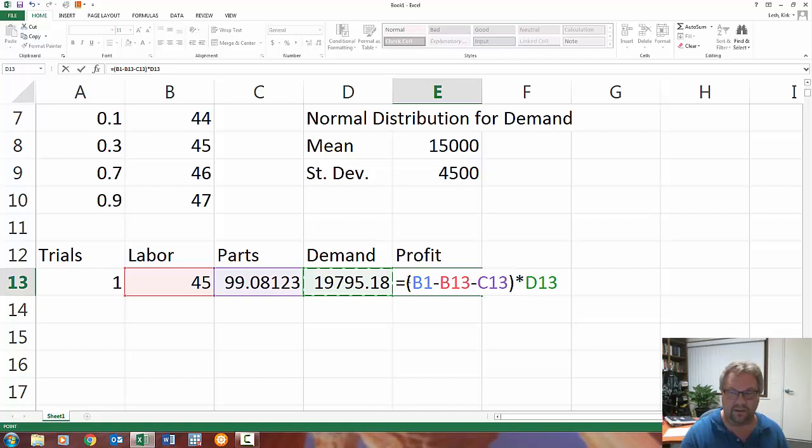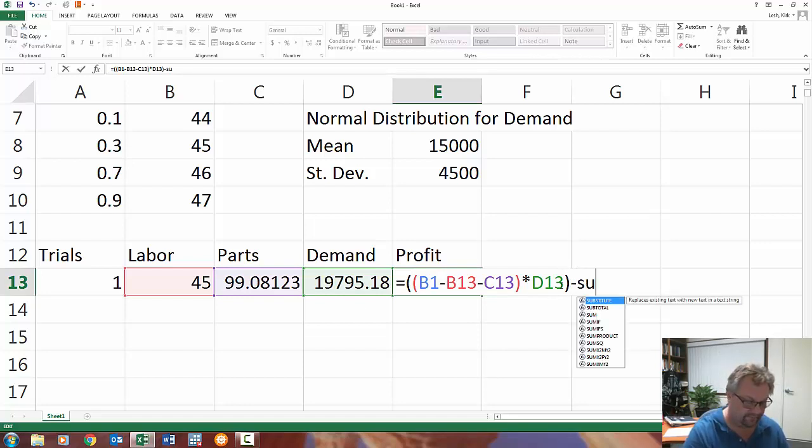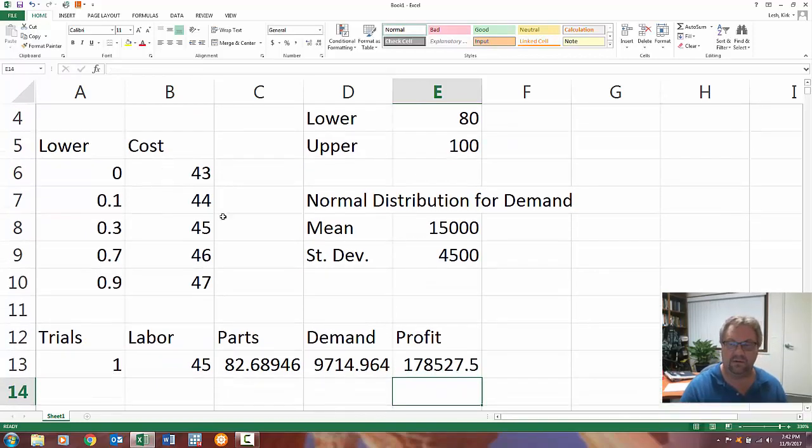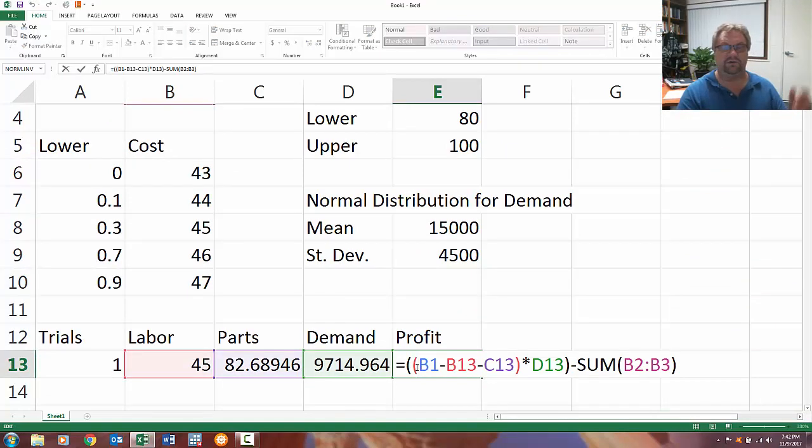And then I like to put parentheses around this because next I need to subtract the sum of my fixed costs. And presto, there's the profit.